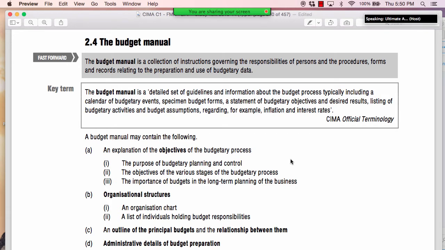How did you do it? I did it for my exam. Okay. But practically, have you ever done a budget for anything? No. Not yet. Anyone out there who's done a budget practically for anything?